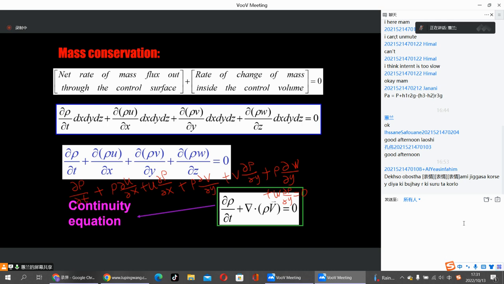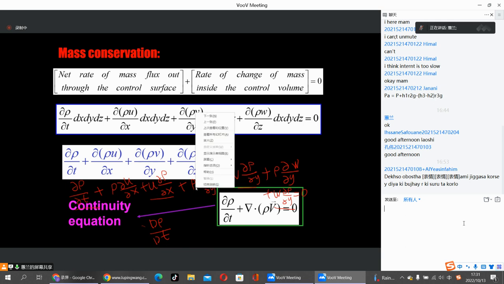And what's this? d rho dt plus u d rho dx plus v d rho dy plus w d rho dz. It's actually the total derivative of the density, right?